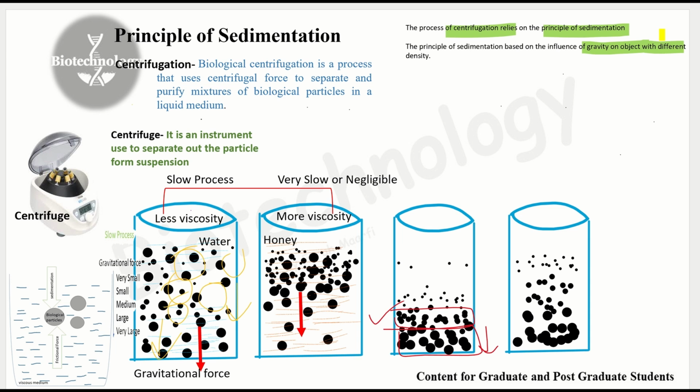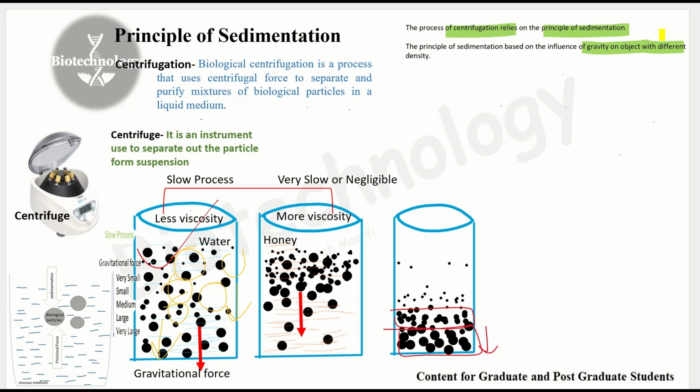When suspended in fluid, for example water, while in this figure the container contains a more viscous fluid, that is honey, when kept at rest, then under the influence of the gravitational pull, these particles or objects will sink more slowly than those kept in water, that is having a less viscosity.